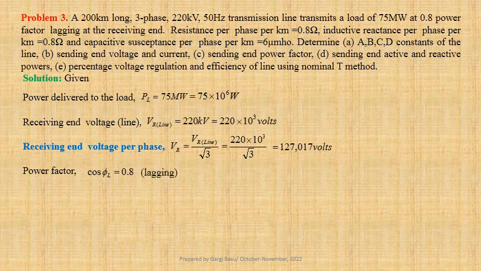Let us now determine power factor angle. Phi L equals cos inverse 0.8, that is equal to 36.8699 degree.